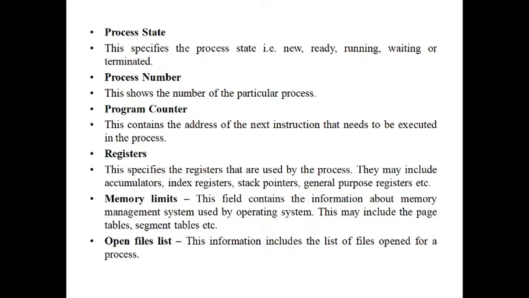And the third one is program counter. This contains the address of the next instruction that needs to be executed in the process. Suppose you are executing a program. That is your process. In your program you have many instructions, and whenever a program is executing, the total program will not be executed all at once.